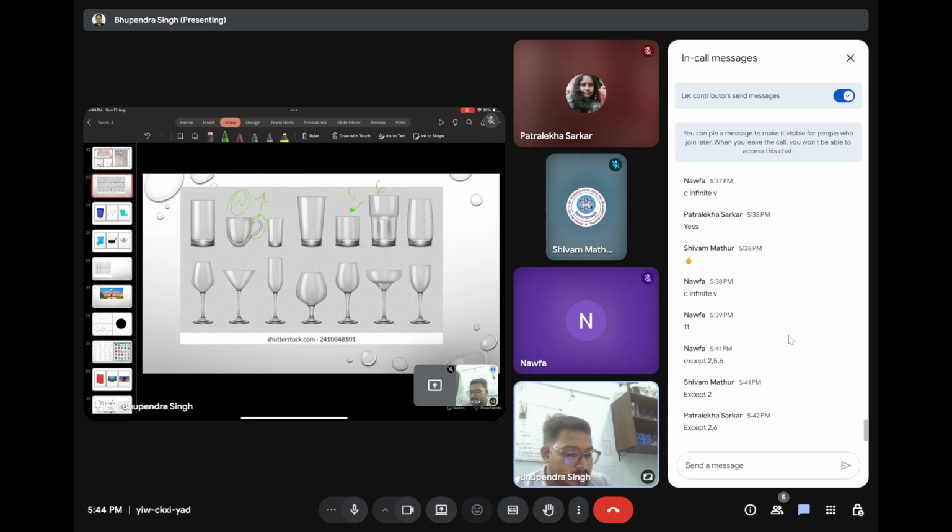Nafa, are you able to see if there is any difference in shape or anything? No, I don't think so. So, except these two, all of them are having C infinite V point group.